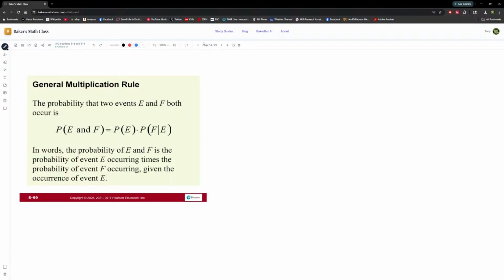So in this situation, the probability of E and F is the probability of E occurring times the probability of F given E. Now, if they are completely independent events, it won't matter because it's going to be the probability of E times the probability of F, because there's no connection between the two events.